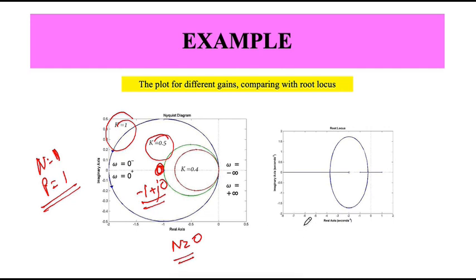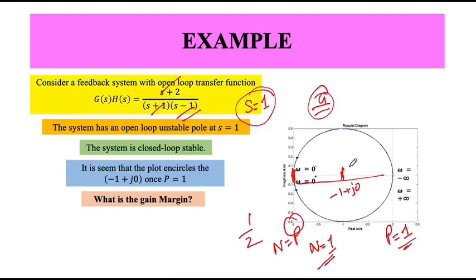Now let us compare the root locus. The root locus will have a pole at 1, another pole at 2, -1, -2. If you just go back, I have one zero at 2 and one pole at 1, one zero at -2 and one pole at -1.